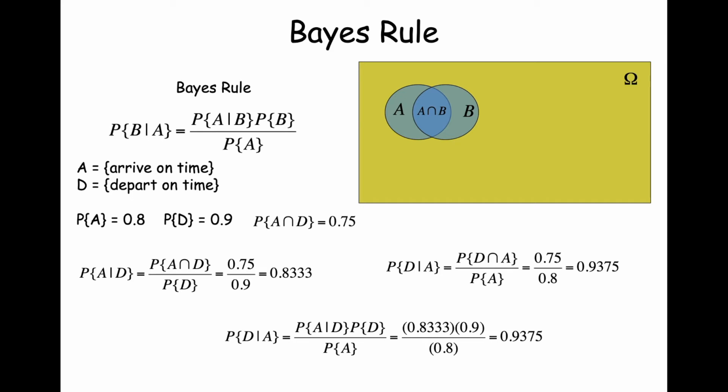And so we gave that example, and we used the definition of conditional probability to compute probability of arrival given departure and probability of departure given arrival. And then we turned around and recomputed probability of departure given arrival through Bayes' rule. And we found that we arrived upon the same result.